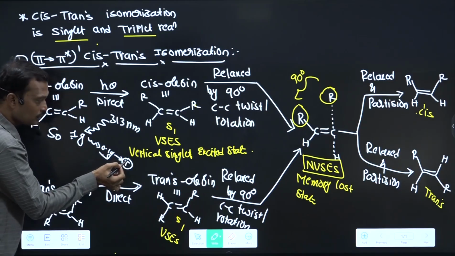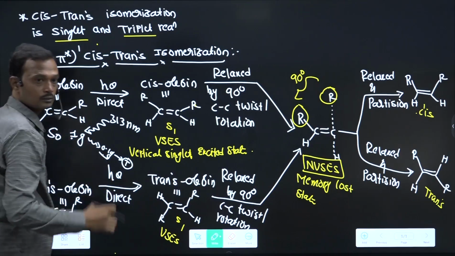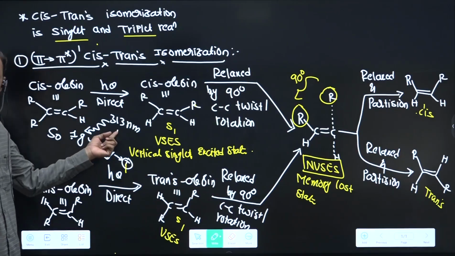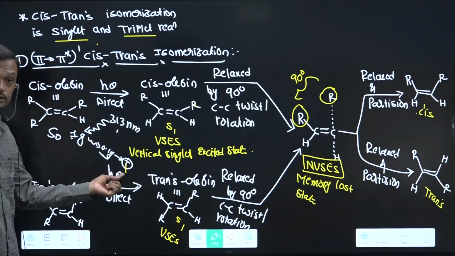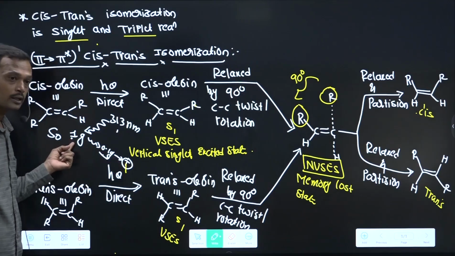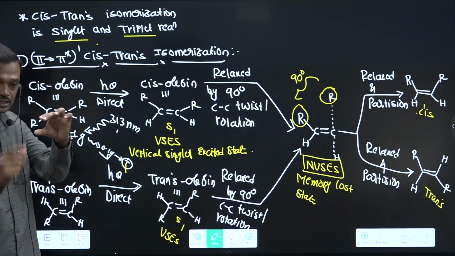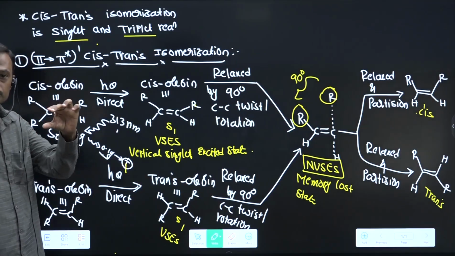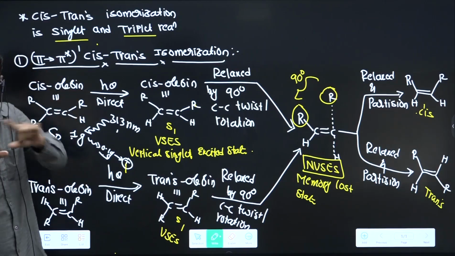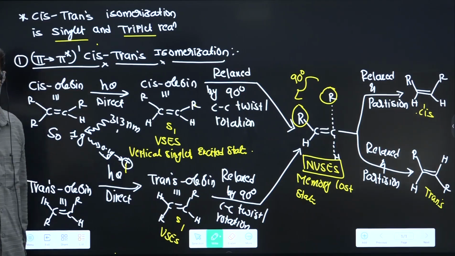This trans will take this energy and convert to cis, because trans has more absorption as compared to cis at this wavelength. If trans is not there, then only cis can absorb. When cis starts converting into trans, this wavelength is absorbed by trans, which starts converting into cis. Then automatically which percentage is decreasing? Trans percentage decreases.